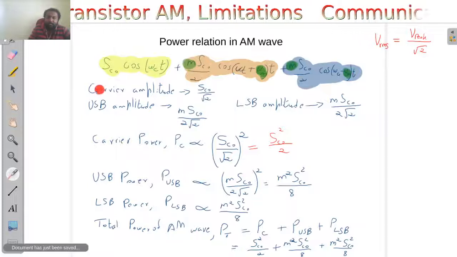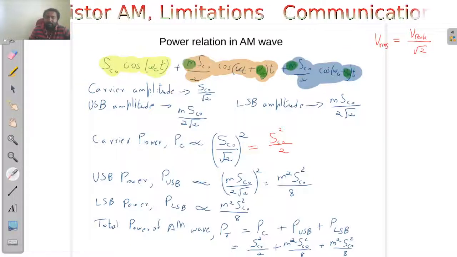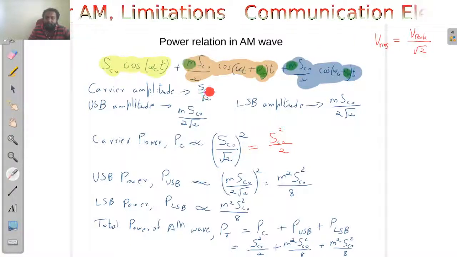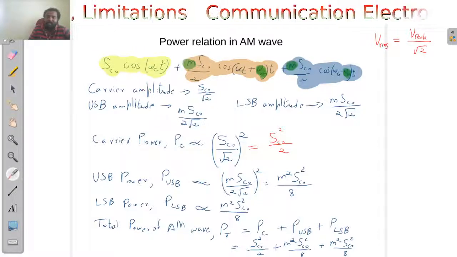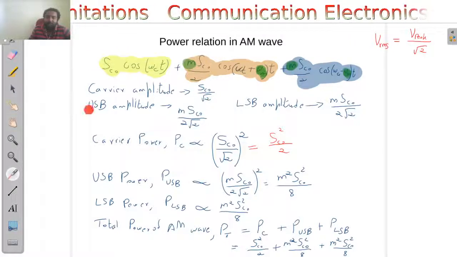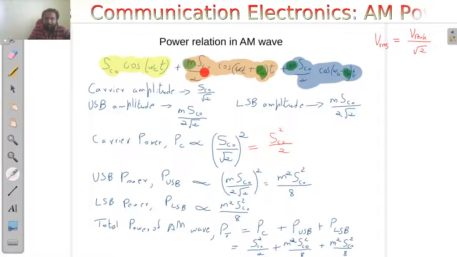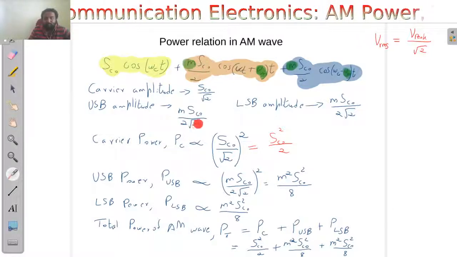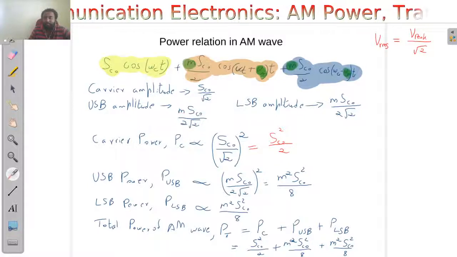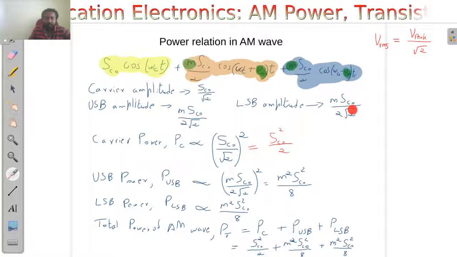So our carrier RMS amplitude is given by SE0 divided by root 2. The upper sideband RMS amplitude is given by the peak amplitude, MSE0 by 2, divided by root 2. That is why the amplitude is like this, and similarly for the lower sideband.